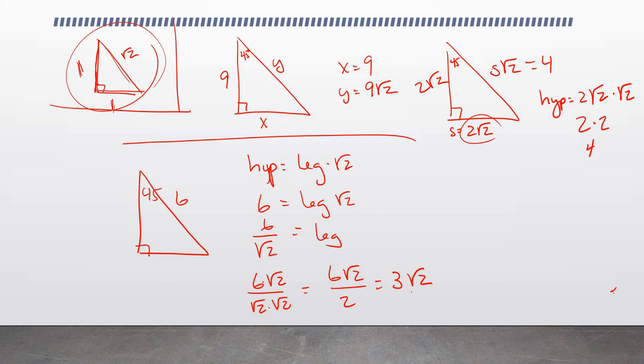Okay, so again, using this proportion, and you will want to memorize this, a 45 degree right triangle is 1, 1, root 2.